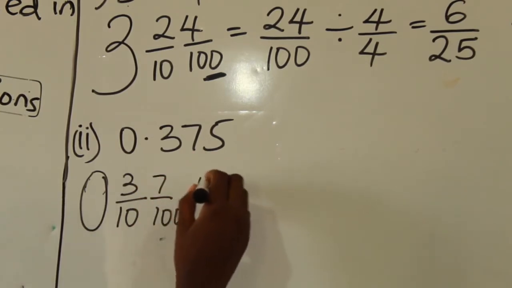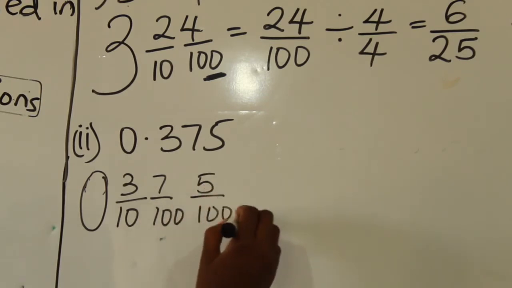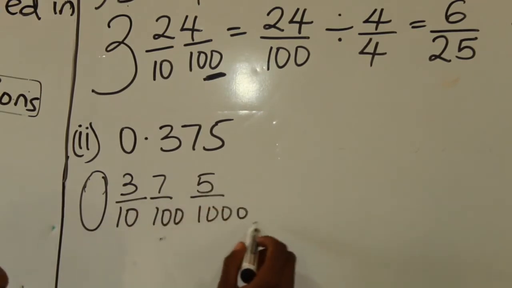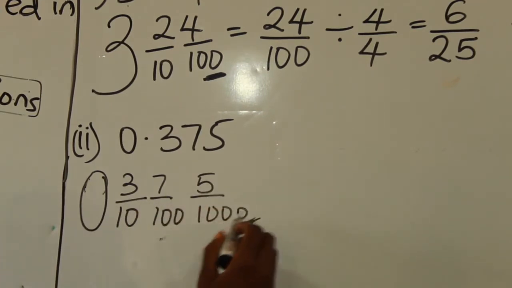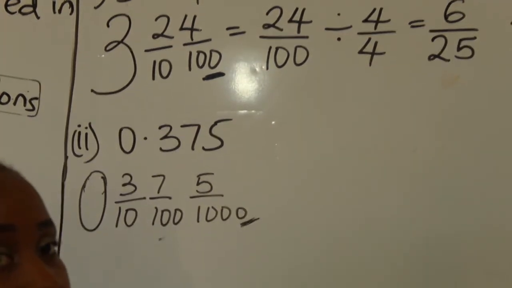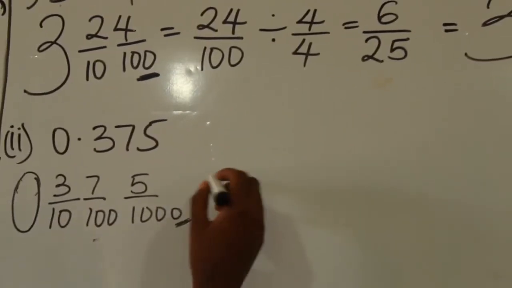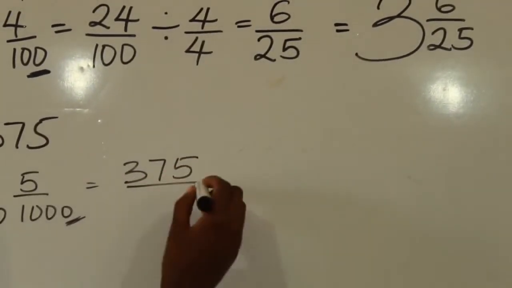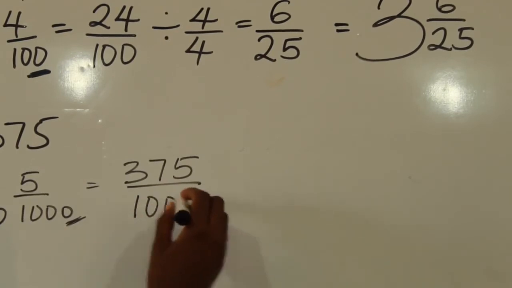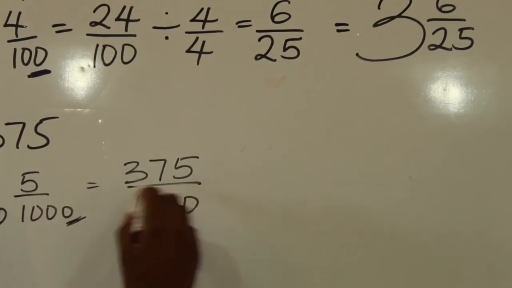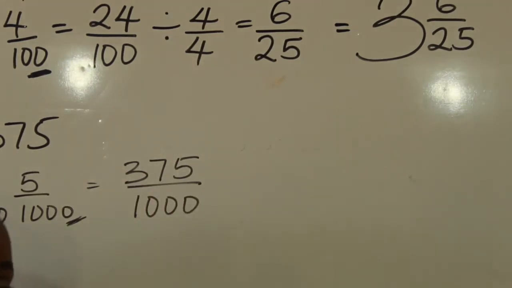The place value of 5 is 5/1000. Now we're going to write 375/1000, using the last place value for the decimals. The next thing we're supposed to do is to reduce 375/1000 to its lowest term.